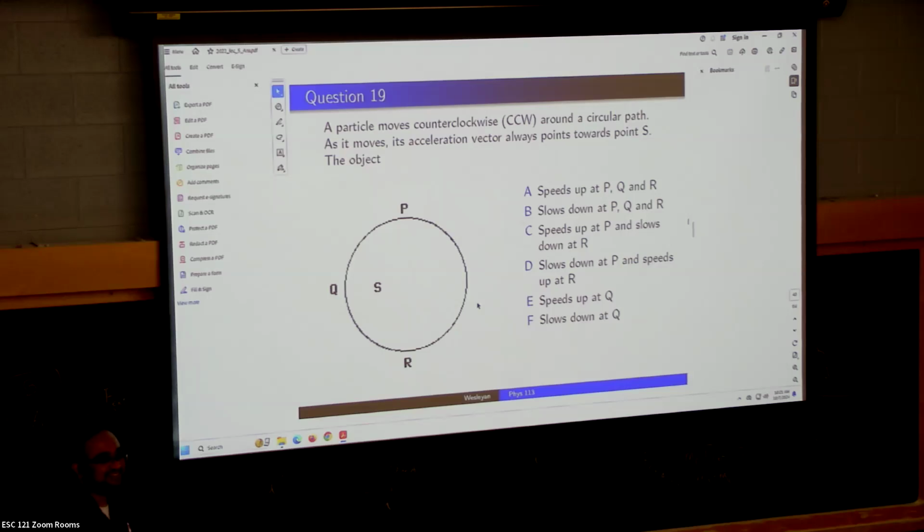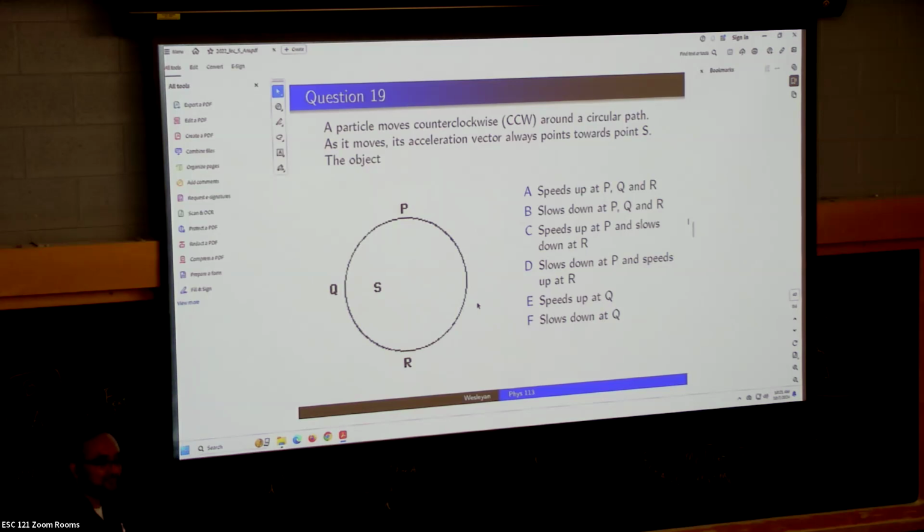Yep. So I think that the straighter the angle towards the point S, the acceleration vector has less centripetal acceleration taking up the force and more direct, tangential acceleration.